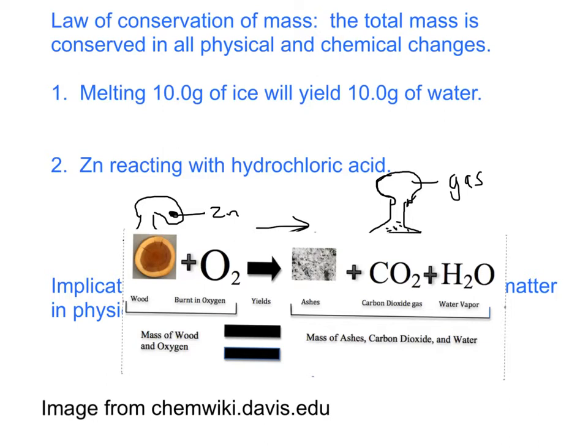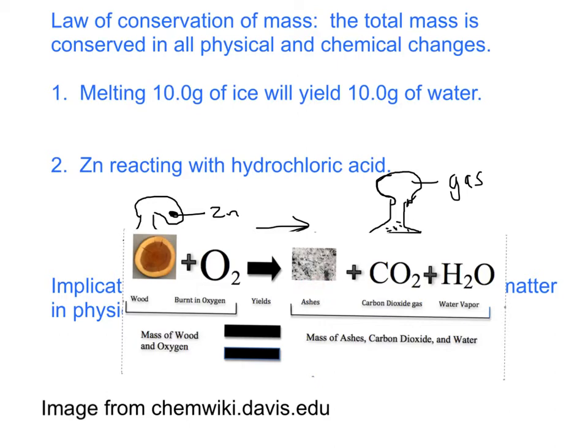We have ashes, carbon dioxide, and water vapor given off, and these two, of course, escape as what we would call smoke off of the fire. The ashes are left behind. Now, if you only looked at the ashes, you're going to have less mass in ashes than you had of wood to start with, because some of the matter that was in the wood has now escaped.